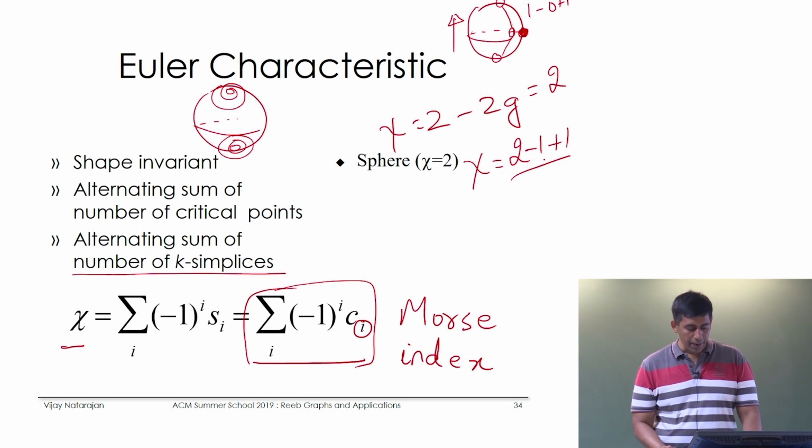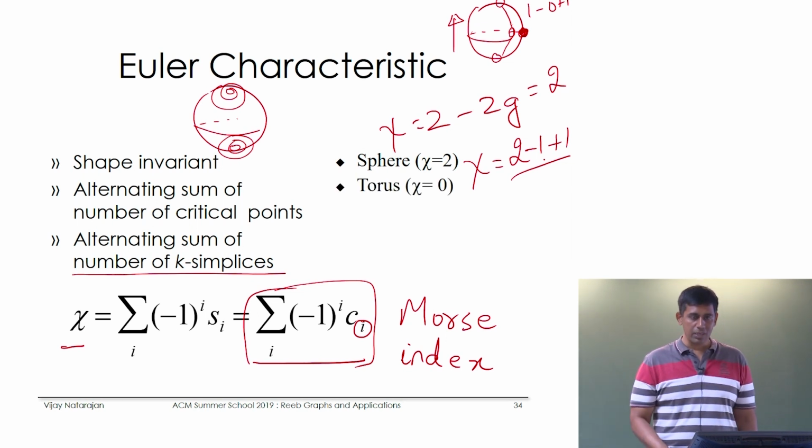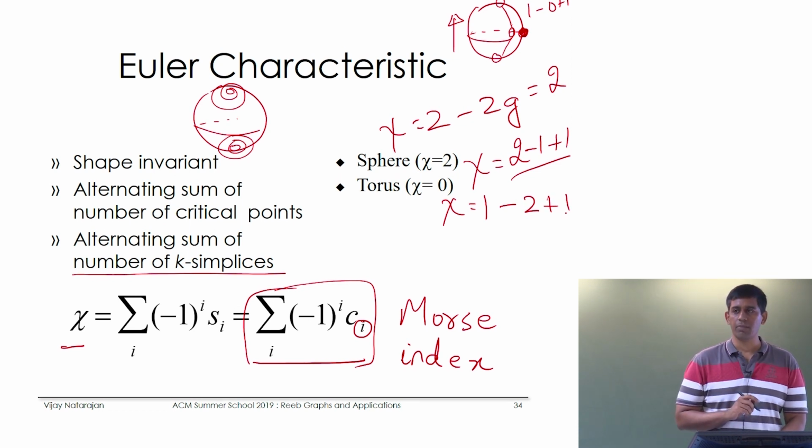Now, what about the Euler characteristic for a torus? We saw it is 0, right. So, does this match with what we saw for the height function? Remember the height function on the torus, number of minimum was 1, only one minimum. There were 2 saddles and 1 maximum. So, this was again 0, right.